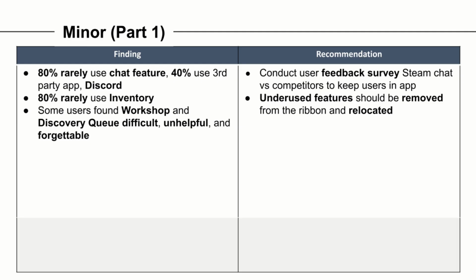However, if Steam doesn't consider the chat to be a priority, it's worth considering alongside these other features, such as the inventory, which is also rarely used, and the discovery queue and workshop, which users have even expressed distaste for. All of these features are underused on the platform, and while there may be an audience for them, if they are not Steam's priority, they should be moved to another part of the app or removed from the platform entirely, because they're just adding clutter to the page for the majority of users.